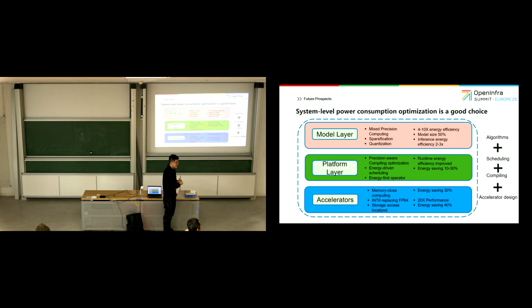Do you have any data on how much CO2 per watt during the day and during the night? That's beyond my knowledge. We only see the watts, because we only study the technical part. That's for business consideration.